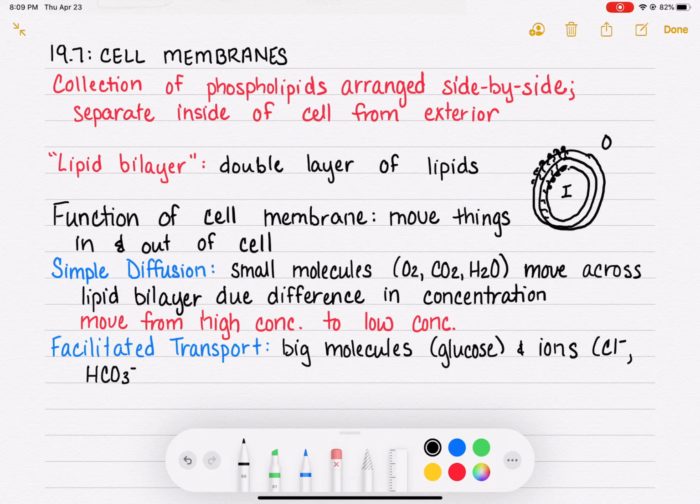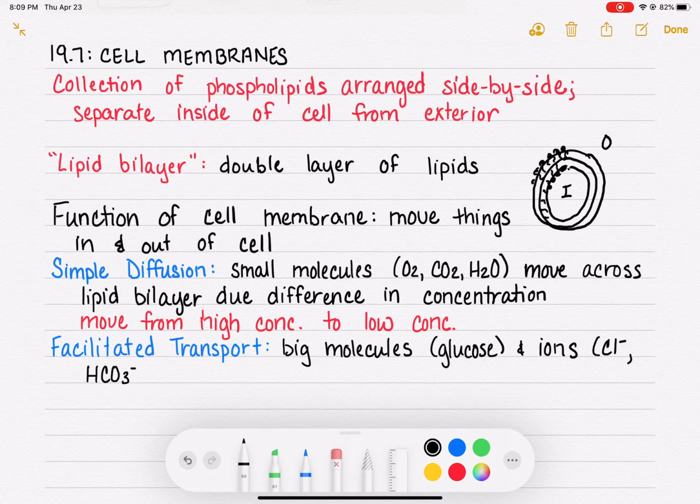Ions that are moving, again, go through the protein channels, because their ionic nature is really repelled by the little tails. And with active transport, we are moving against a difference in concentration.